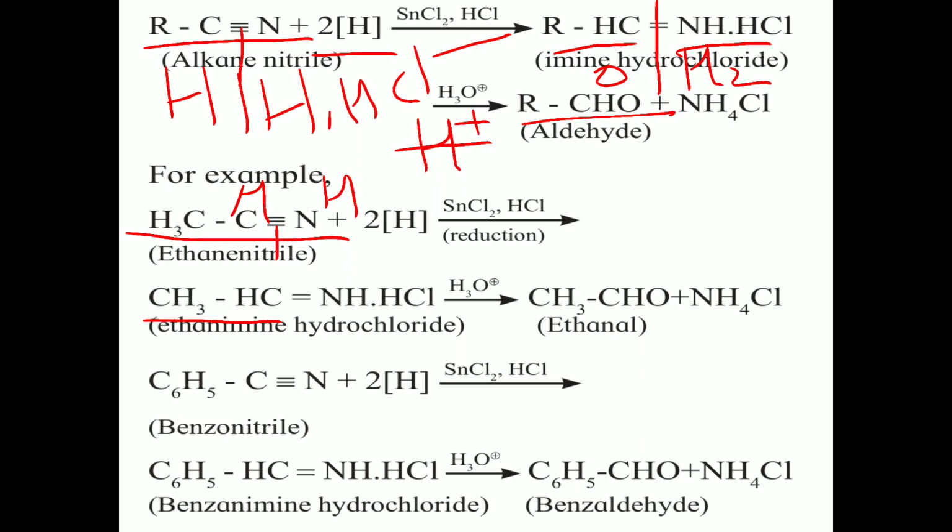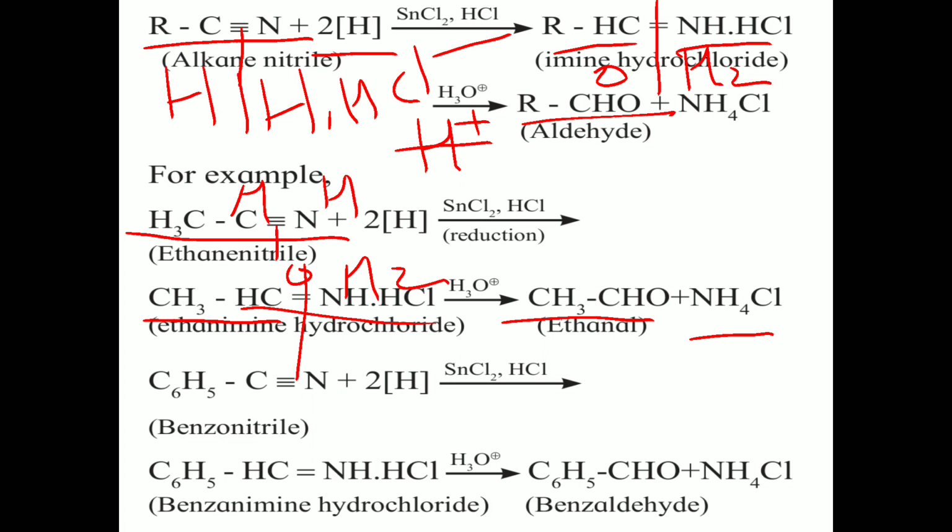We get the intermediate product ethanimine hydrochloride, which again undergoes acid hydrolysis. In the hydrolysis of the water molecule, here O and here H2, we get CH3CHO, that is ethanal, plus ammonium chloride. In this way we get ethanal, that is an aldehyde, from ethanenitrile.